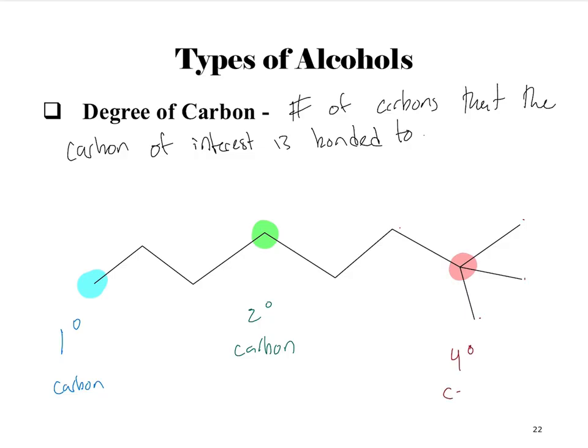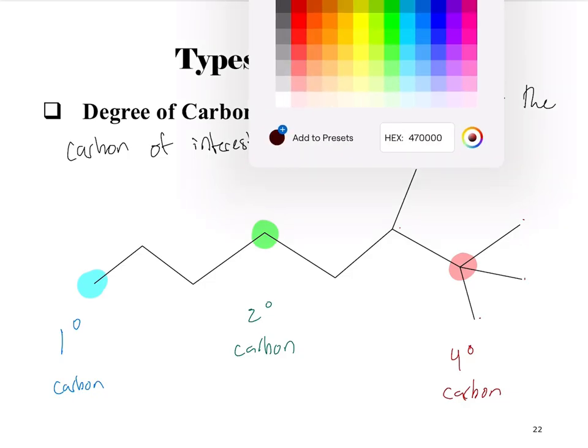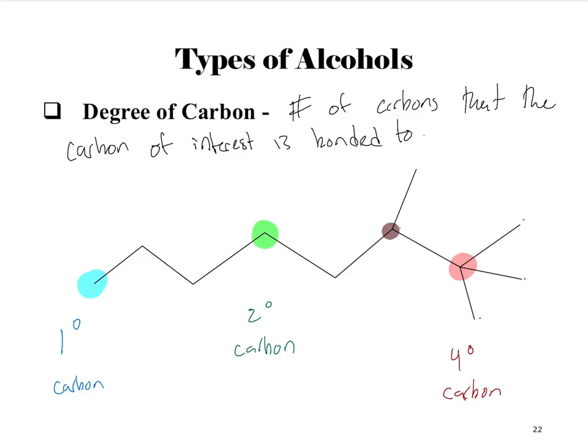This is a 4 degree. Would it technically only be able to go to 3 degree? Alcohol will only be able to go up to tertiary. The carbon can go up to 4, but the alcohol is going to take one of the binding spots, so I'll talk about that on the next one. But yeah, that's a good point, right? So that's a 4th degree carbon, and then the one that I just highlighted is right here.